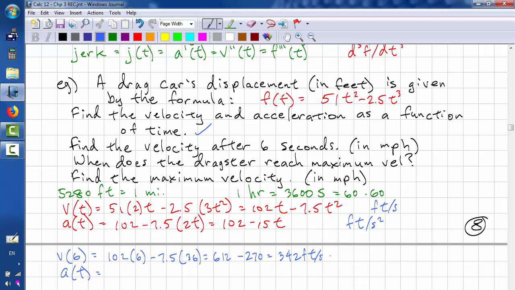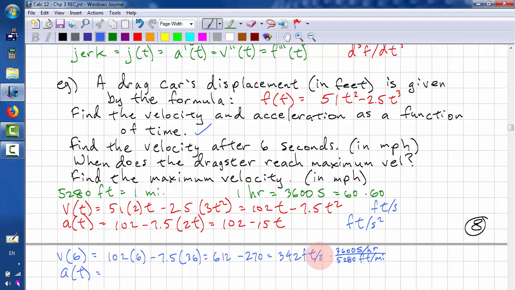We need to multiply this by 3,600 seconds per hour over 5,280 feet per mile.